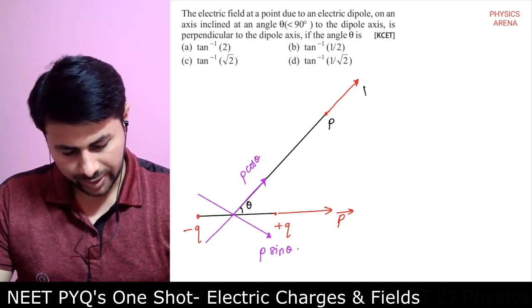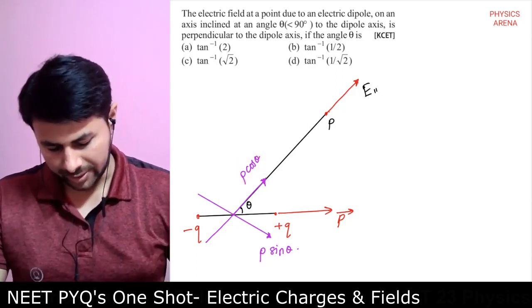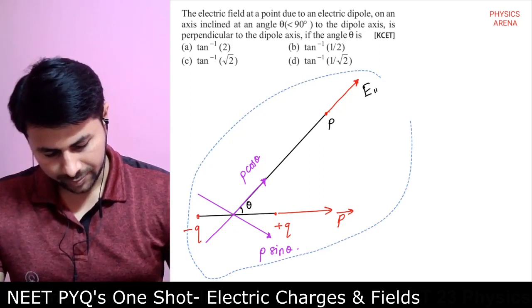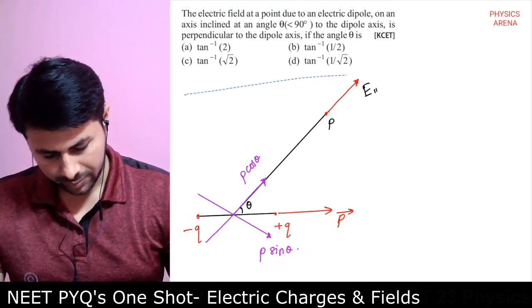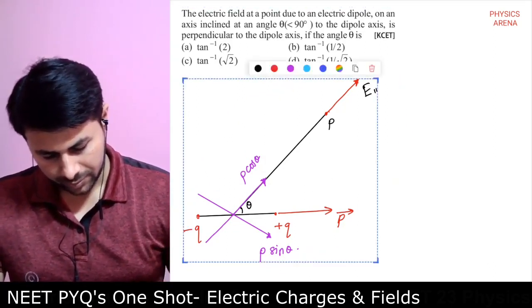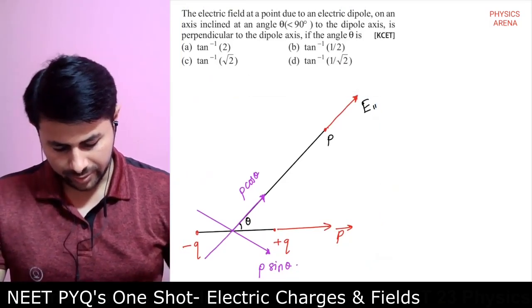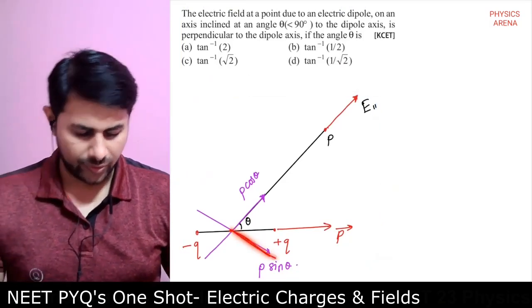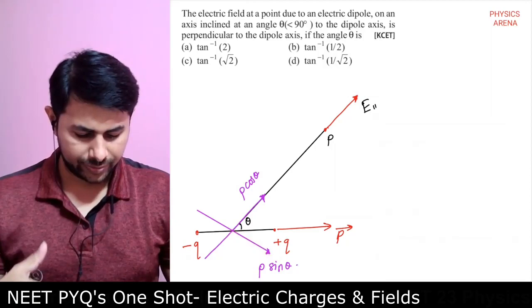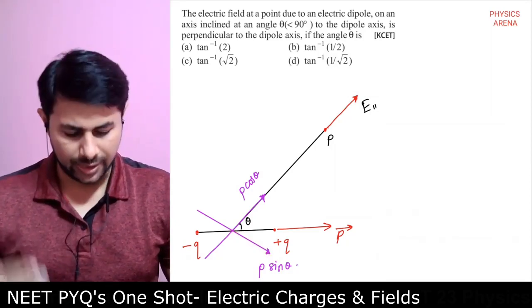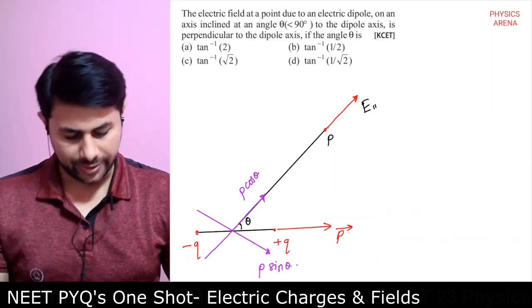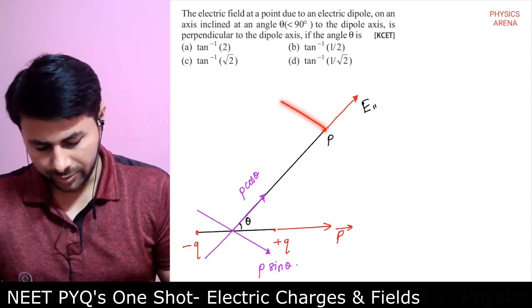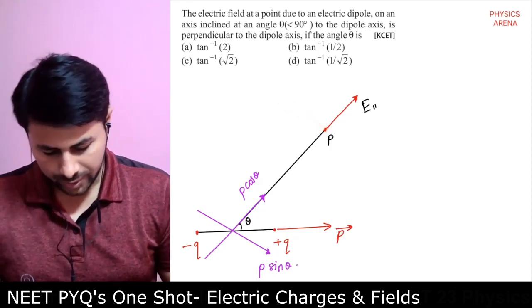So let's call it E parallel. And then what about this component? So for the equatorial point, the direction of electric field is opposite. Okay, it is opposite to that of the dipole.